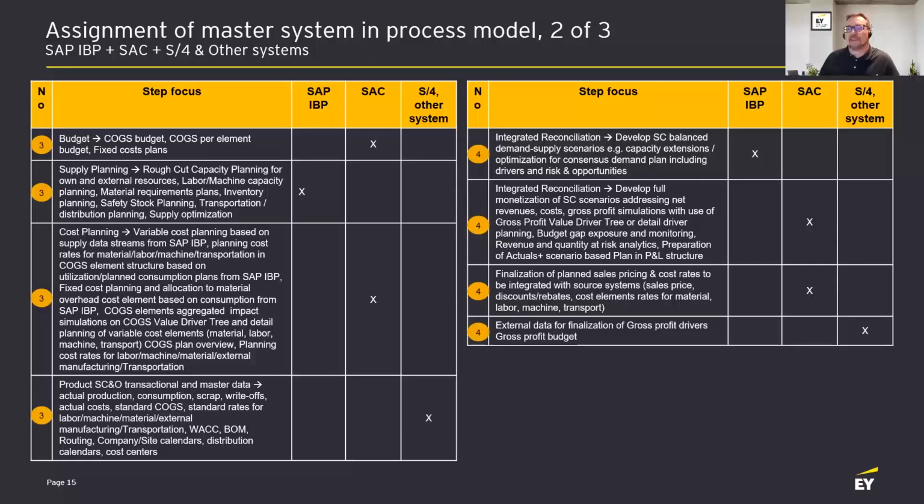And you complement this information with the information from the source systems and the transactional systems, and then you can really do the planning of your gross profit, because the data for many of the drivers in the business could actually come from S/4 or really other systems.